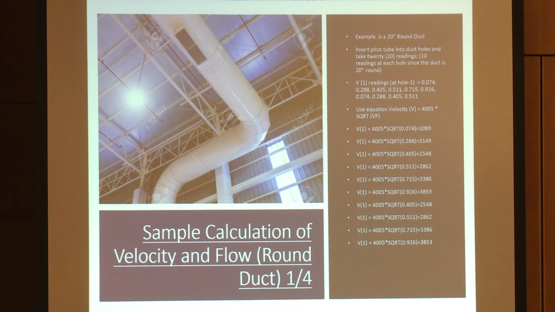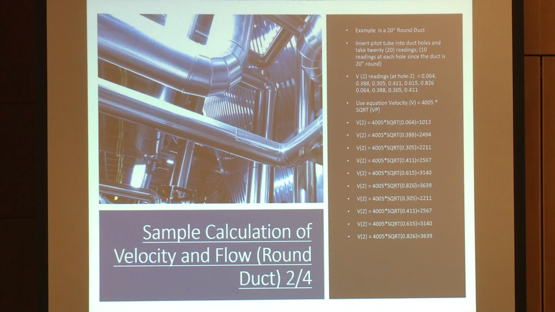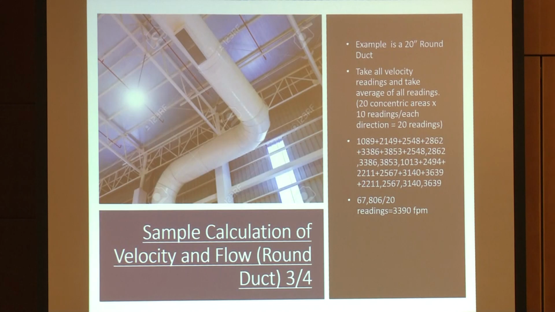So you do your little thing there, and you start taking your first set of measurements with your pitot tube. And then like we did before, we go and we do the second set. And then when we get all of our 20 readings done, right, we have to average them together just like we did before, and we come up with the average velocity in feet per minute in that round duct.